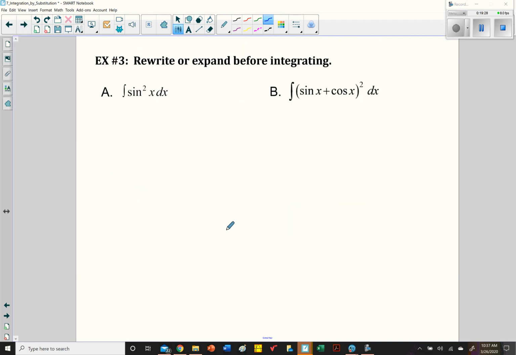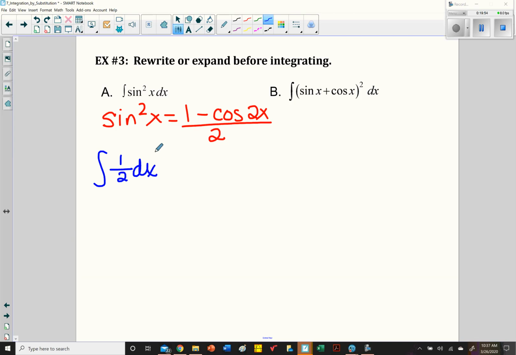In this case, you could use one of the double angle formulas for sine squared. So thinking about sine squared x is 1 minus cosine 2x divided by 2. I can use that power reducing formula and do 1/2 of the dx, so I'm splitting up the fraction, minus 1/2 of cosine 2x.